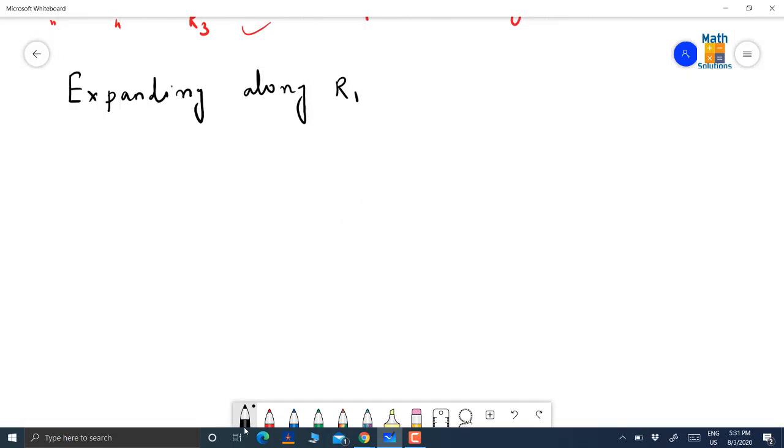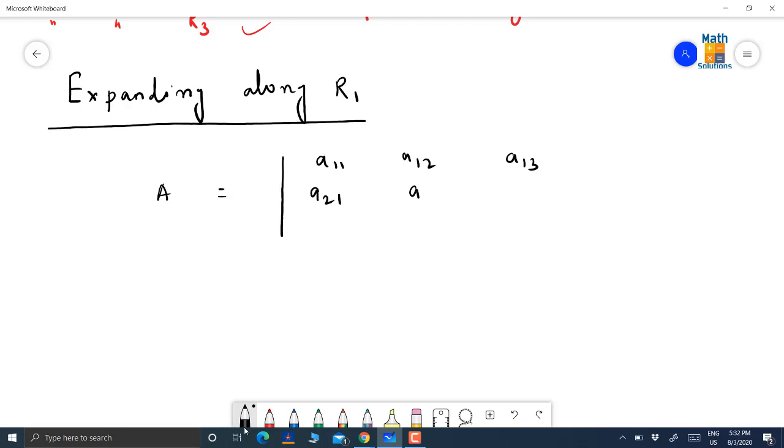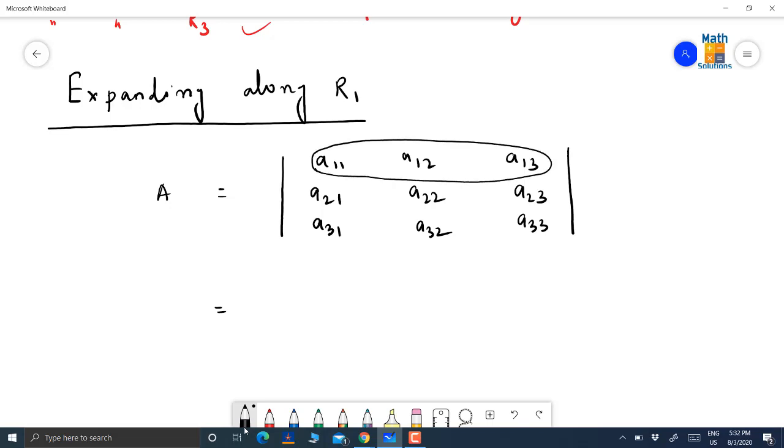We had the determinant in this way: A is equal to this determinant, A11, A12, A13, A21, A22, A23, A31, A32, A33. So this was the determinant given to us. So expanding along R1, what can we do? Look here. When we consider only the first row for expanding, this is the way of writing.